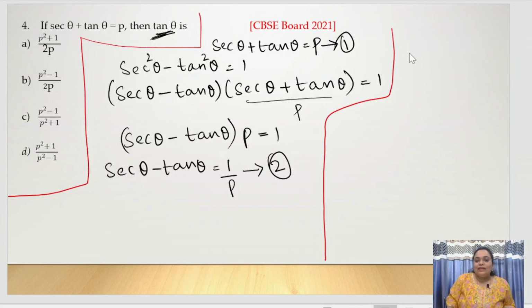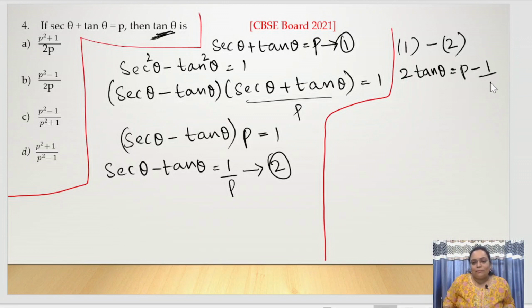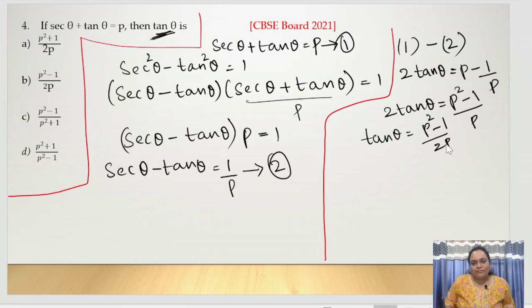So we will subtract 1 and 2, 1 minus 2, so that secant will get cancelled and you will get tan theta. 1 minus 2 gives 2 tan theta is equal to P minus 1 by P. So 2 tan theta is equal to, if you take an LCM here, P square minus 1 by P. If I want only tan theta, that is P square minus 1 by 2P. So tan theta value is P square minus 1 by 2P. B is the answer.